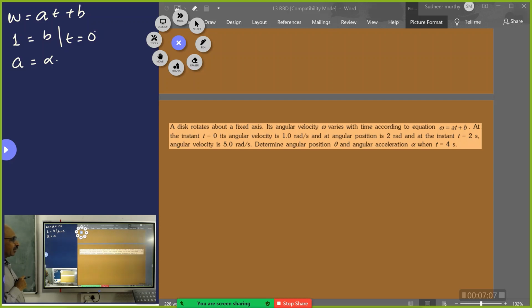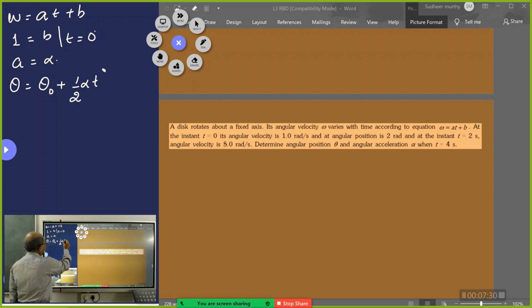Angular position is 2 radians at instant t equal to 2. So they are discussing angular position. Theta is equal to theta naught plus omega naught t plus half alpha t square.